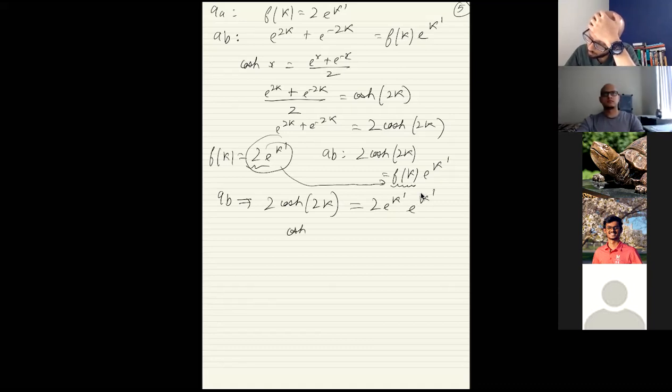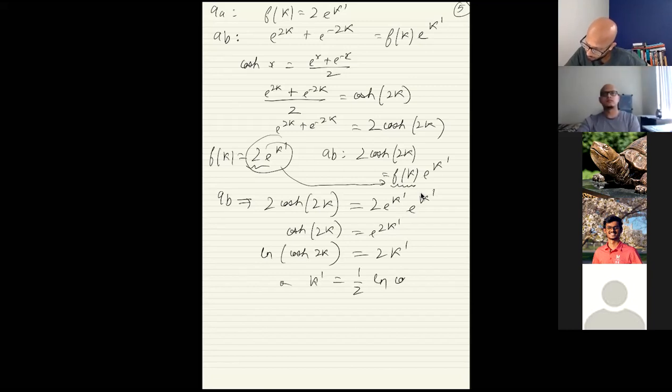So hyperbolic cos of 2k is equal to e to the power 2k prime. If you take ln of both sides, then ln of hyperbolic cos of 2k is equal to 2k prime, or k prime is equal to half ln hyperbolic cos of 2k.